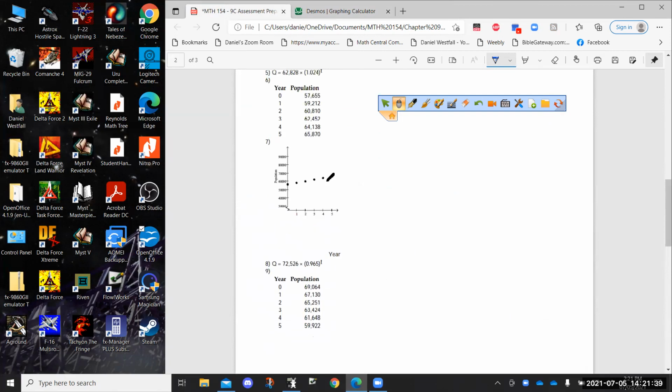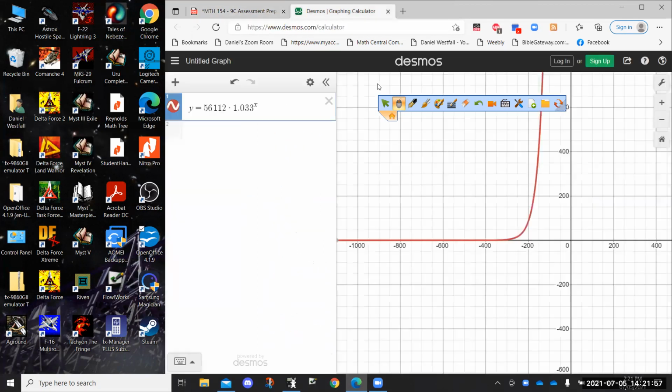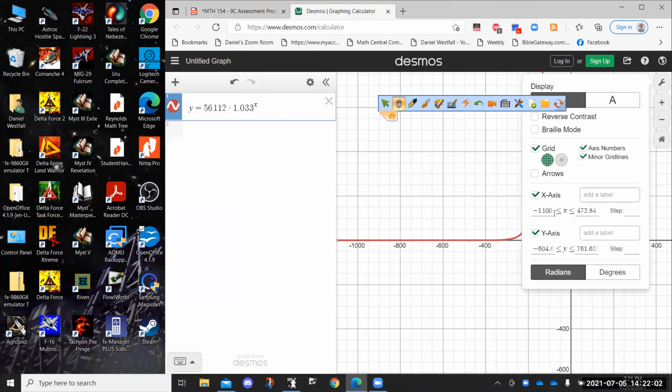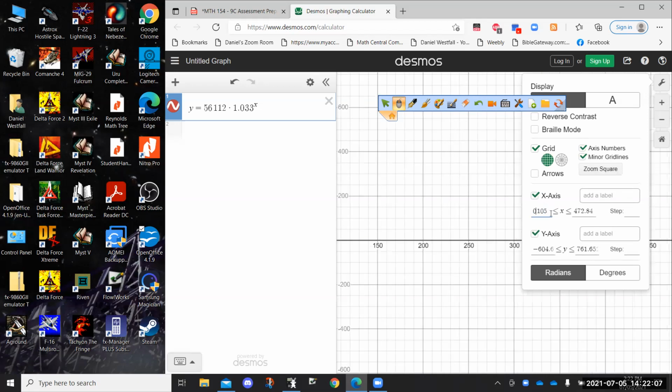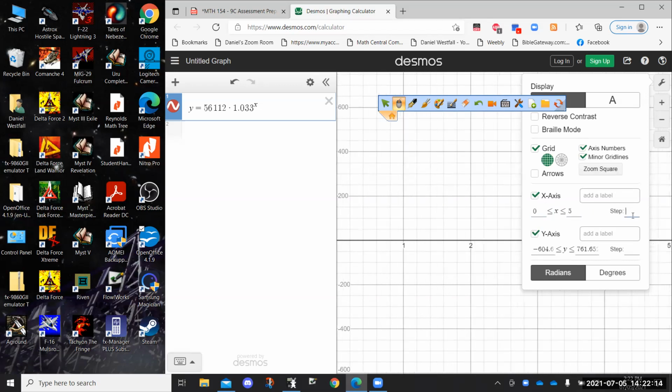They really just stretched out the scale. Do you see that? That's how they got away with it. And their number 7, they used numbers that are 1, 2, 3, 4, 5 here, and they went by thousands on their scale. So if I do the same thing here and say I want to adjust my x-axis to go from 0 to 5, step by ones.